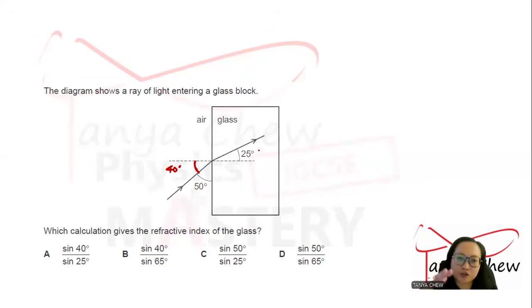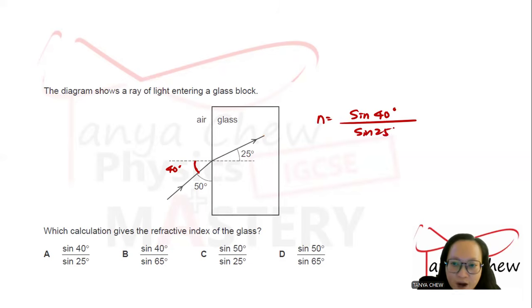Since the light travels from air to glass, less dense to denser, you put refractive index equal to sin 40 divided by sin 25. You will get a value which is more than 1. But if you memorize wrongly, let's say you put sin 25 divided by sin 40, you get a value lesser than 1, so you know that you have calculated wrongly. So A is the answer for this one.